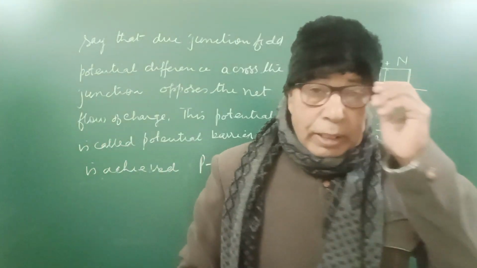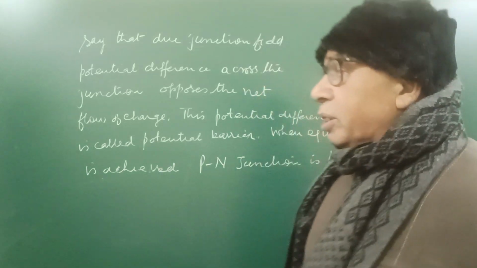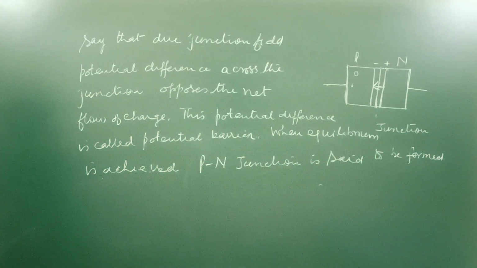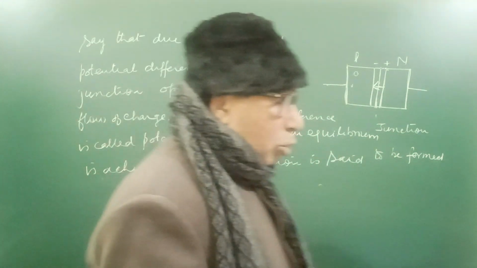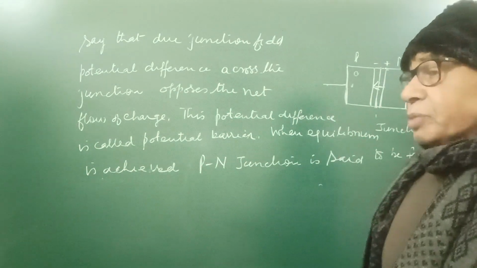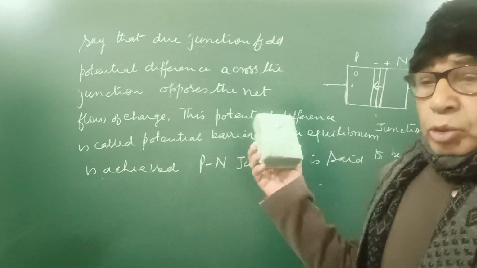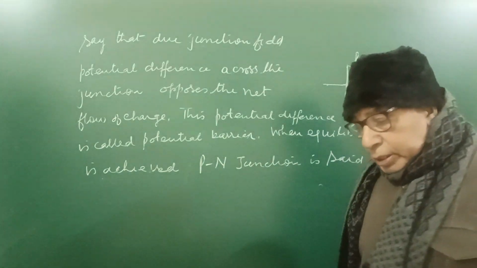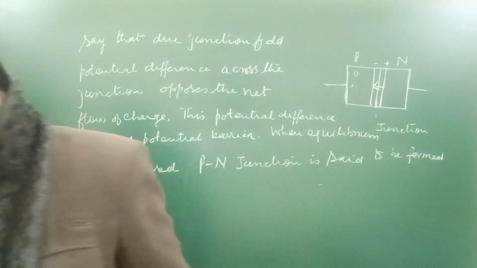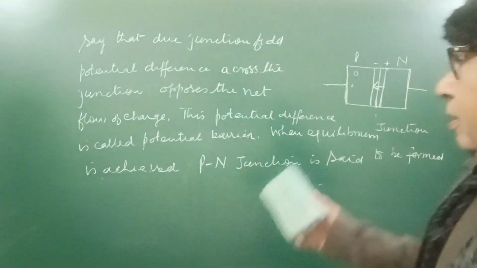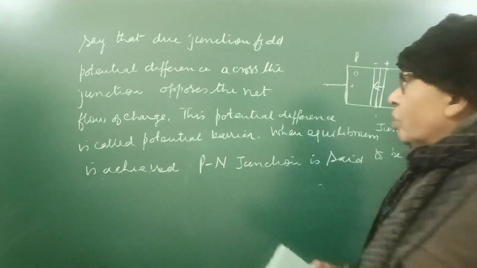So I explained that this PN junction is developed on a wafer. Initially, we may have any wafer, say a p-type wafer. So we diffuse pentavalent element by different methods and create two regions, one having majority of electrons and the other having majority of holes, and there is a boundary between the two which is called the junction.